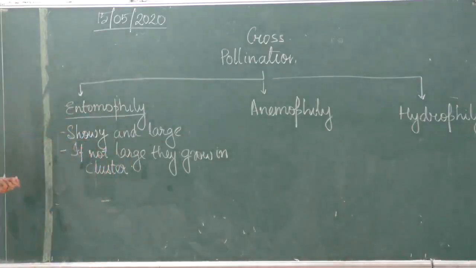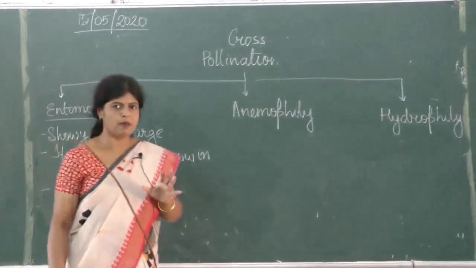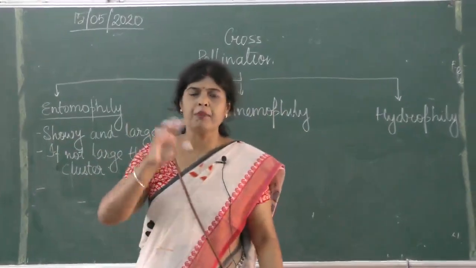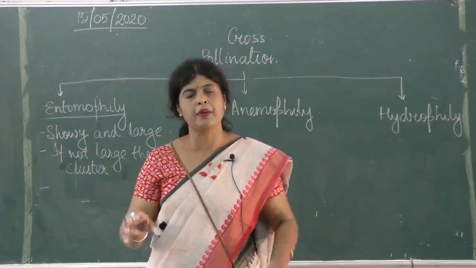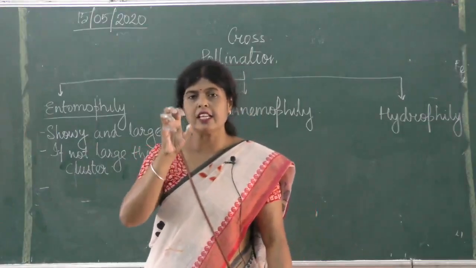Okay. Now they produce pollen grains in large number, comparatively more than in self-pollination, and pollen grains are sticky. They are a little hairy and sticky. Why?